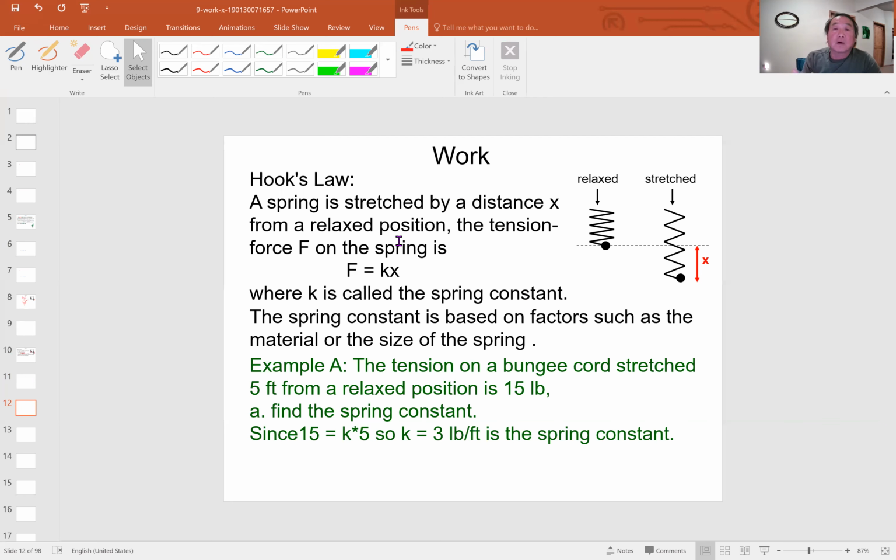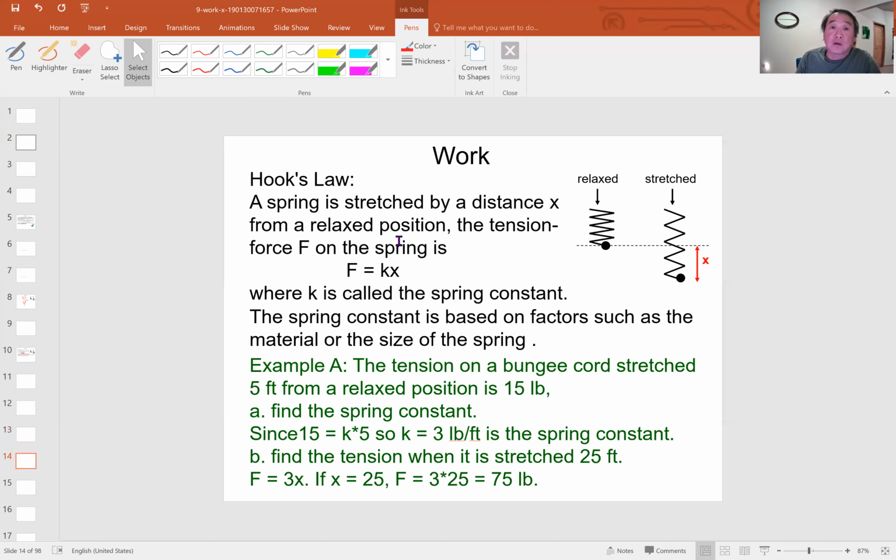It means for every foot you want to stretch, you need to add 3 pounds of weight. Now find the tension when it is stretched 25 feet. When it's 25 feet, the force pulling back is going to be 25 times 3, which is 75. In other words, if you put a 75-pound weight, the bungee cord is stretched 25 feet.